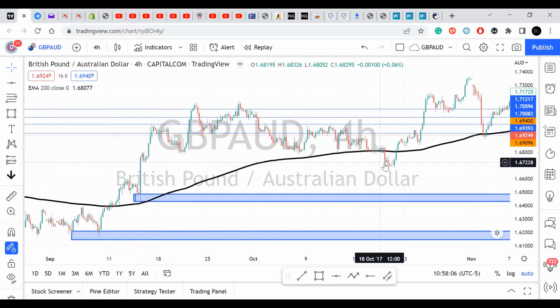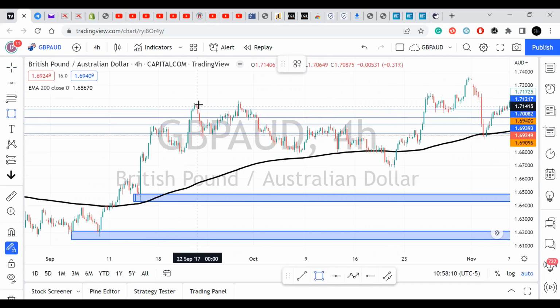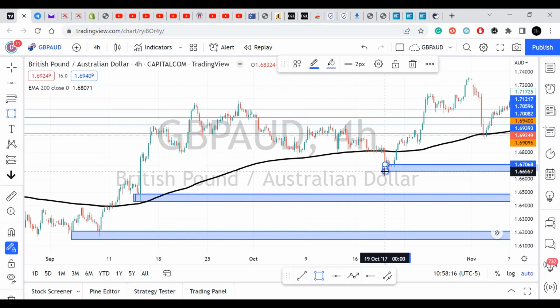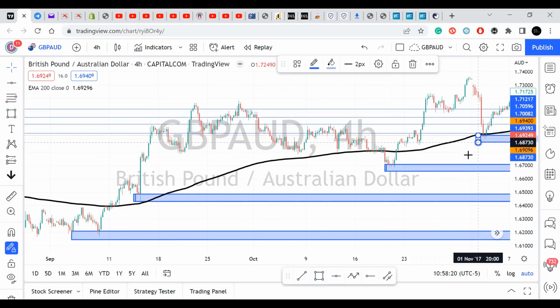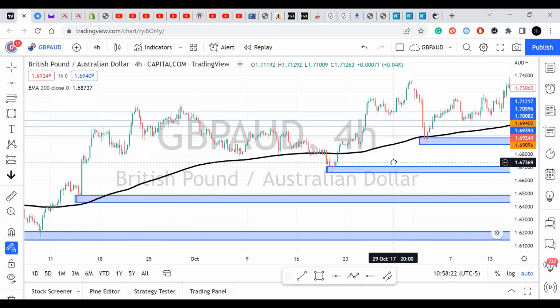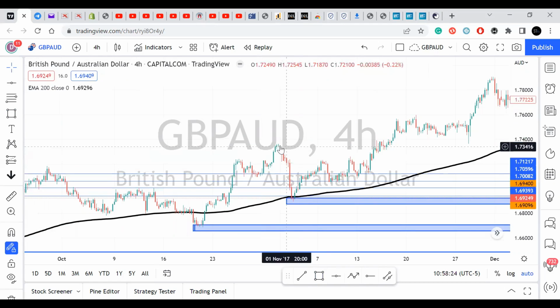Then the last drop, the last peak is this one. All these ones are hiding within the zone, within the structure. So this is the last drop here, and the next one is somewhere here. After this, you see this structure, all these ones are happening within this structure. So the next one after this one is somewhere here.